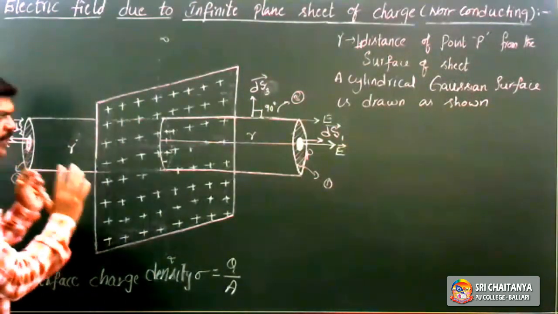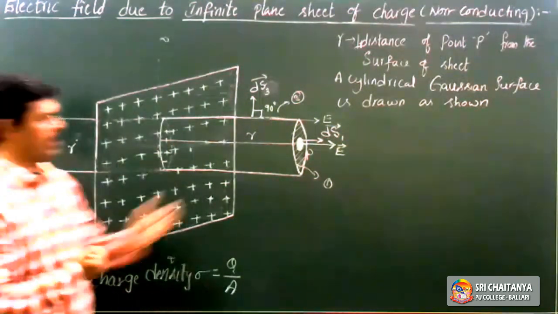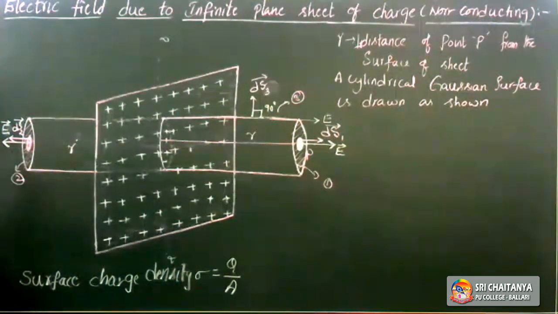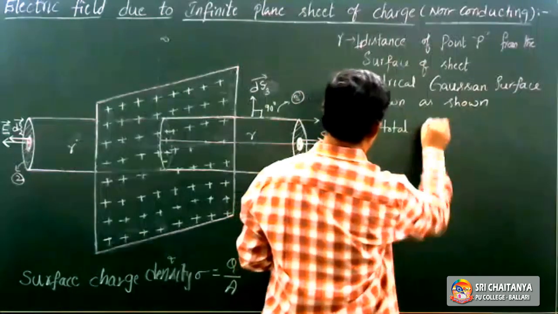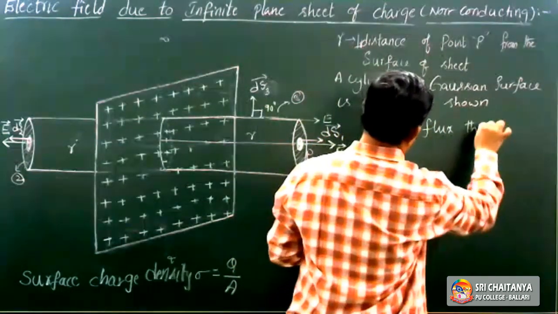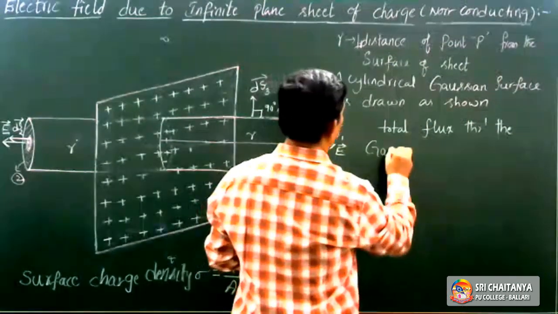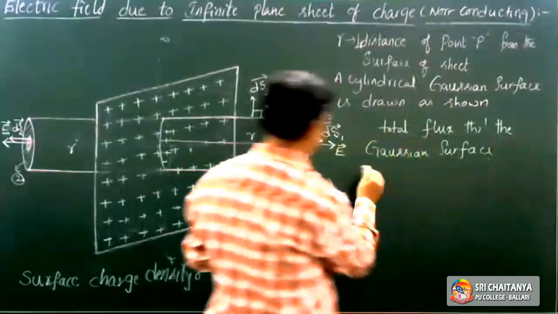So the Gaussian surface is drawn with three surfaces. What is the angle between E and ds? Next, what is the next step? What is the total flux through the Gaussian surface?